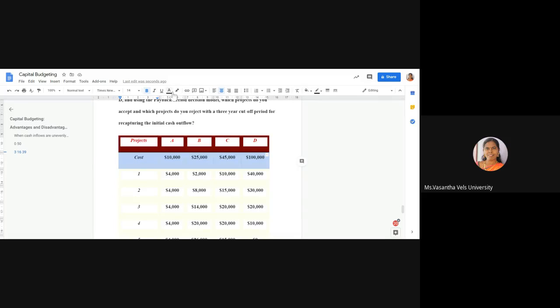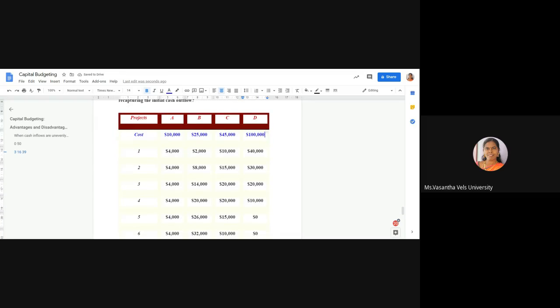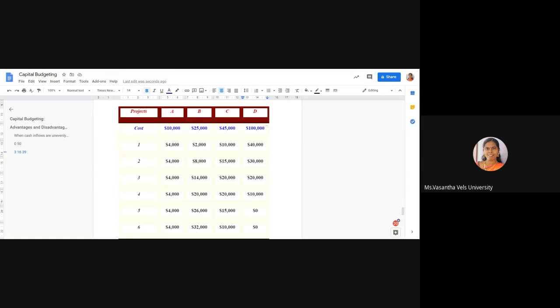Okay, this is cost. First question, all the cash flows are uniform, right? All these things are uniform cash inflow. Are you able to follow? Yes, ma'am.